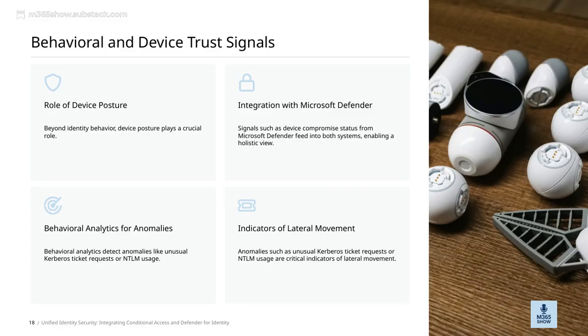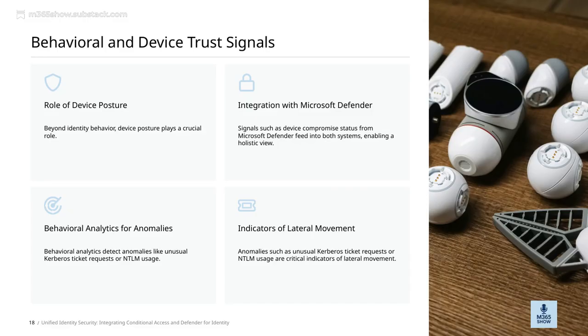Signals from Microsoft Defender, like device compromise status, feed into both systems, Conditional Access and Defender for Identity, giving us a holistic picture of security. This integration ensures we're not just looking at identity behavior in isolation, but considering device health and posture as well. And speaking of device posture, it's more than just the state of a device.